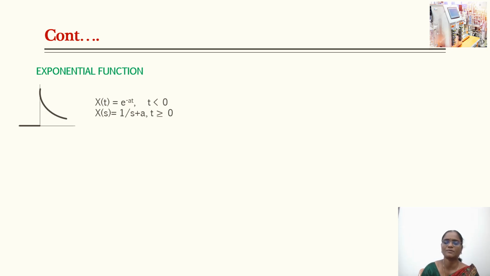There are two types of exponential input: exponentially decreasing and exponentially increasing. e power minus at is exponentially decreasing, and e power plus at is an exponentially increasing function. These five types of functions are also known as disturbances: step, impulse, ramp, sinusoidal, and exponential. These are the five types of inputs we generally study in process control systems.